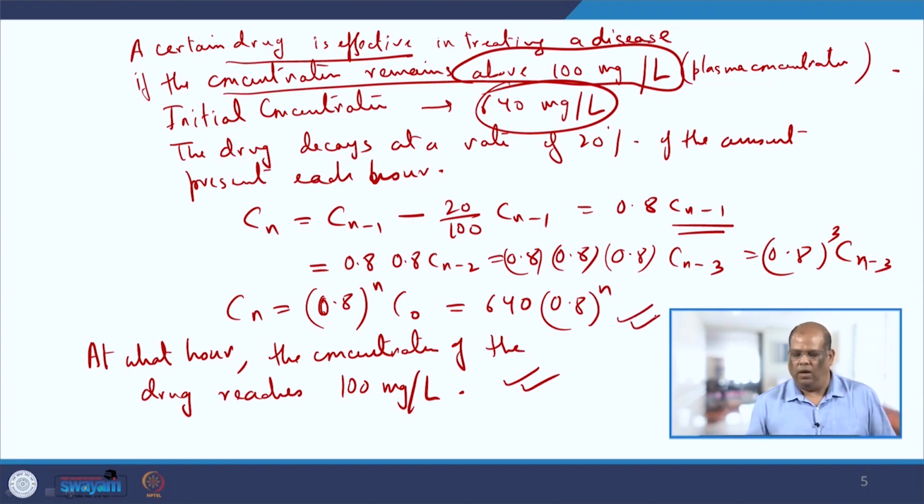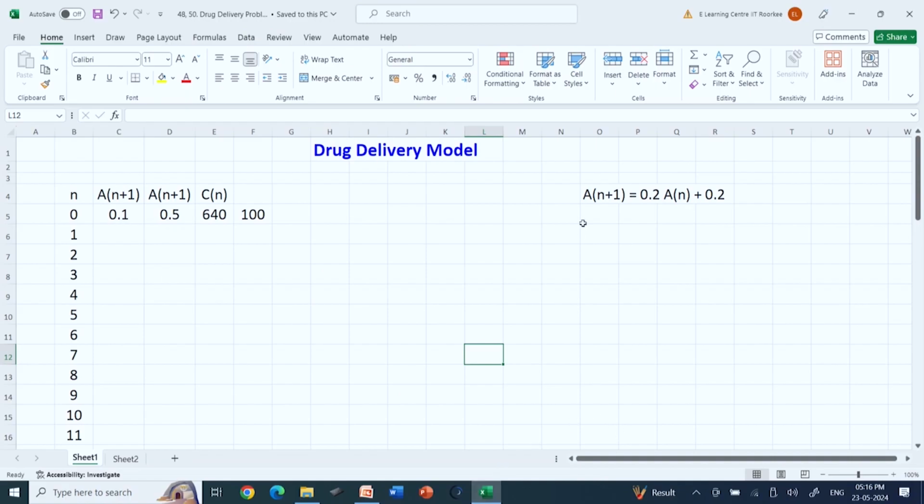Let us quickly see the numerical solution of this particular model using Microsoft Excel. So, as you can see, this is the model which has been discussed previously, that is a n plus 1 is 0.2 a n plus 0.2. So, I have taken two initial conditions 0.1 and 0.5 just to see how it will look.